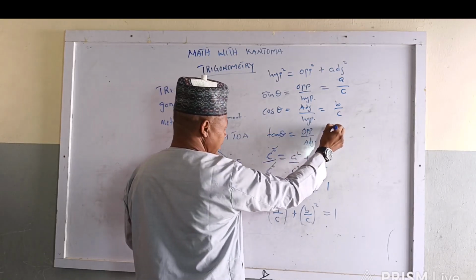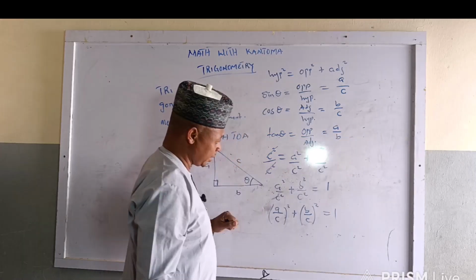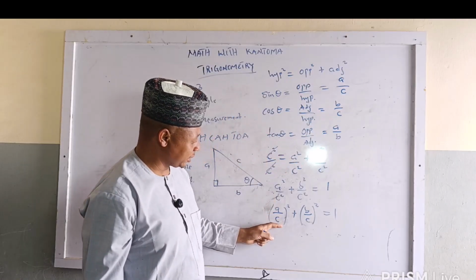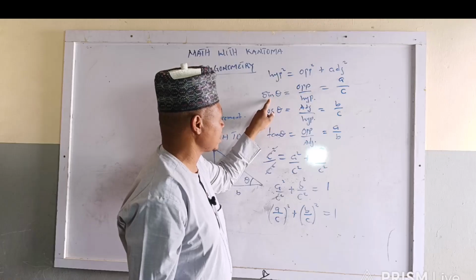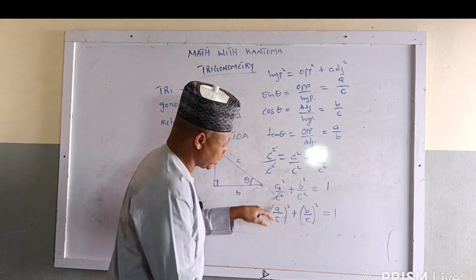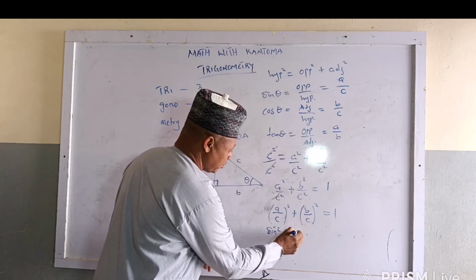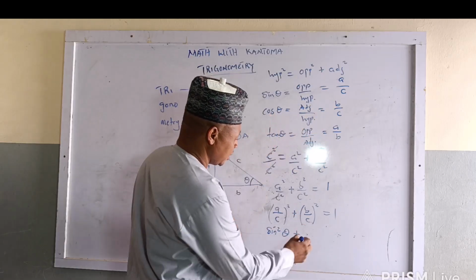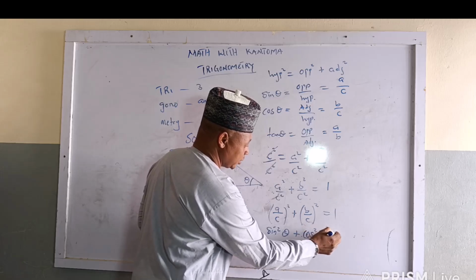Opposite is A, and adjacent is B, so A over B. Now substituting these values with sine and cosine, A over C is sine and it is squared, so we have sine squared theta plus B over C, which is cos, squared, so cos squared theta is equal to 1.